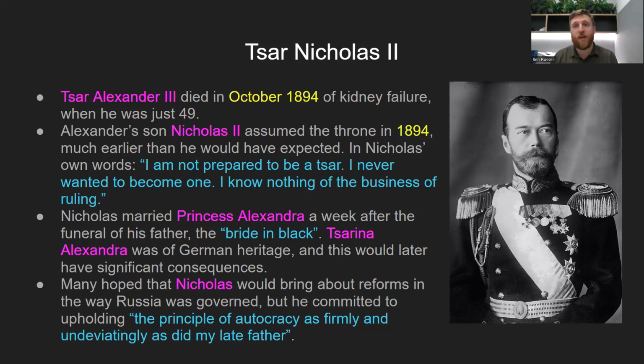He had not really been prepared for ruling. He believed, as everyone did, that his father, Alexander III, would live much longer and would train him to be Tsar. So in his own words, he said, "I am not prepared to be a Tsar. I never wanted to become one. I know nothing of the business of ruling."